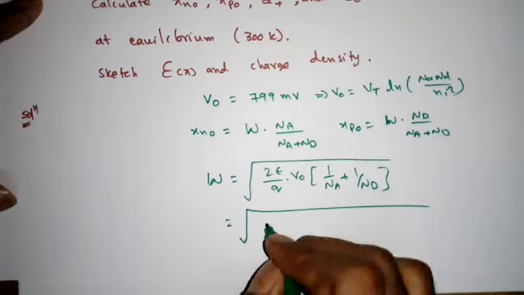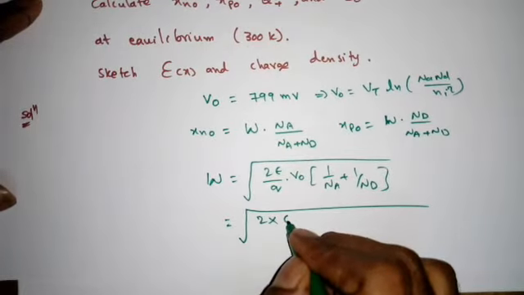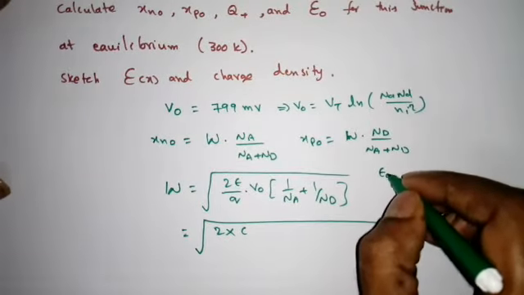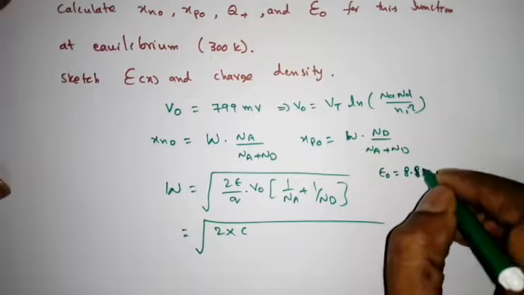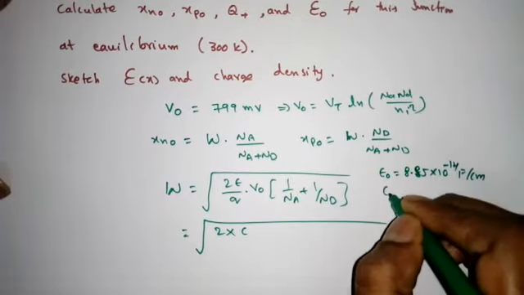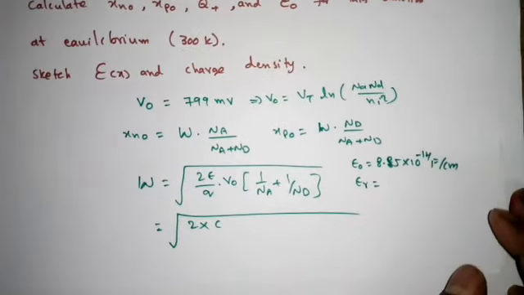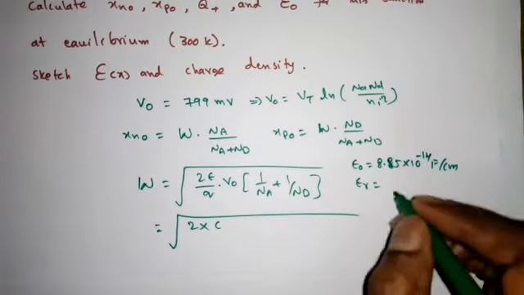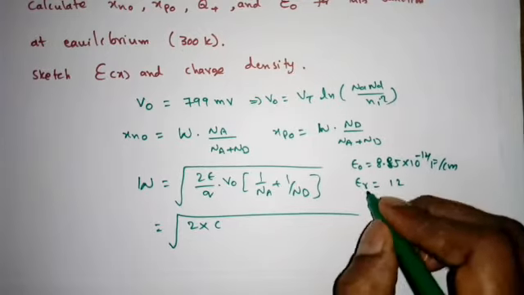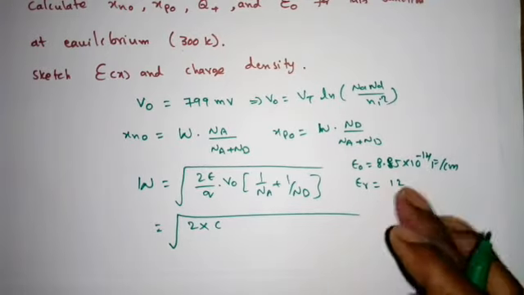So 2 into what is epsilon? Epsilon naught into epsilon r. So first we have to find epsilon naught, which is 8.85 into 10 to the power minus 14 farad per centimeter. Epsilon r, that is relative dielectric constant for silicon, I have given as 12, right? If you see the previous lecture, I have given epsilon naught and epsilon r for silicon.